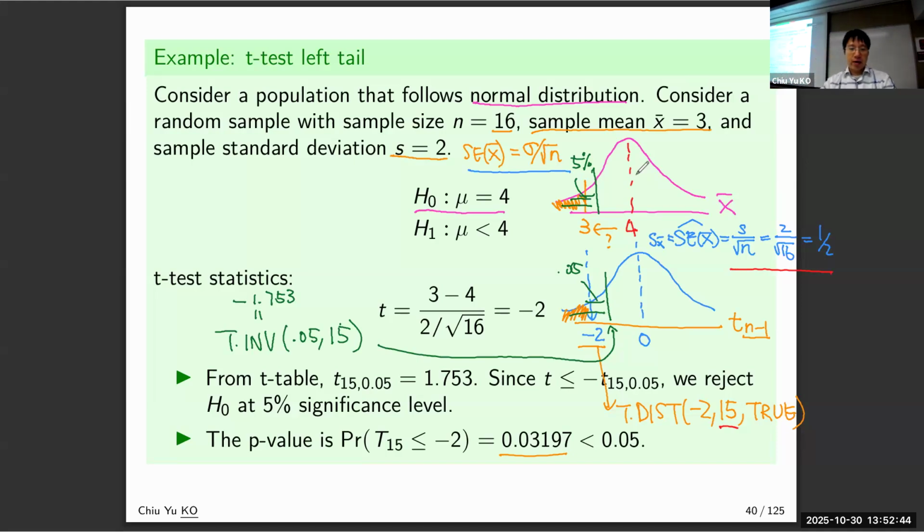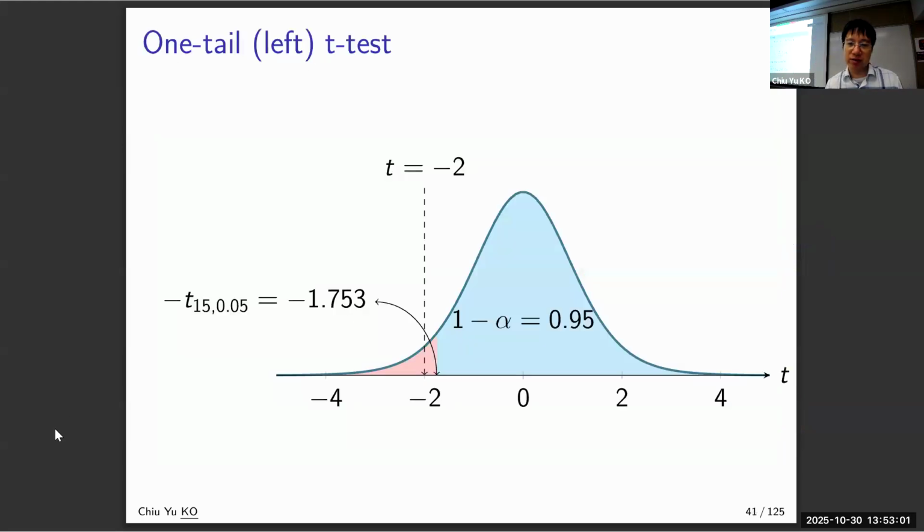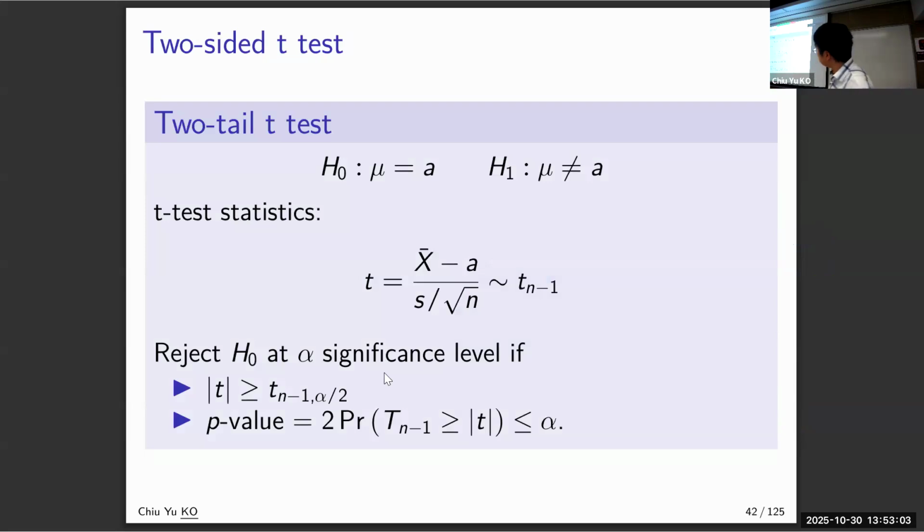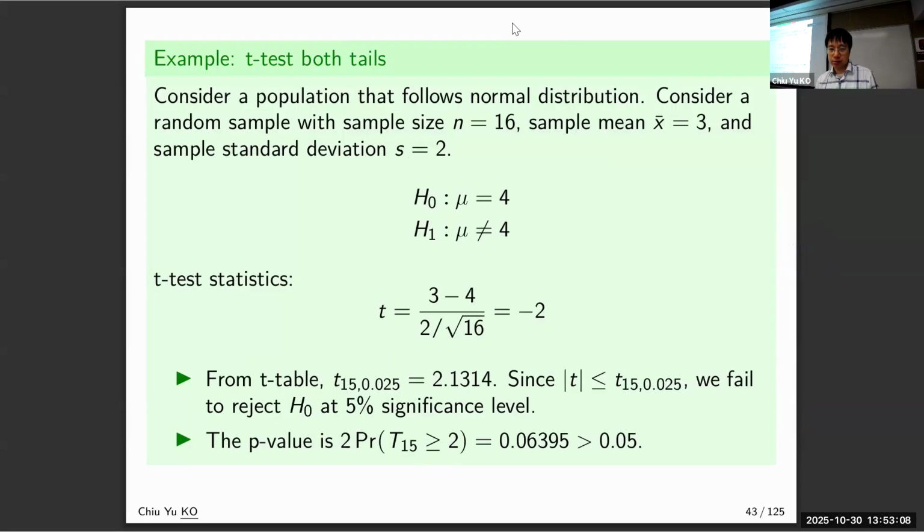Okay. If there's no further question, let me do the two-tail t-test again so that you know what's going on. Is there any question? No? It's boring if you know very well, but if you do not know, then it will be somewhat slightly tricky.